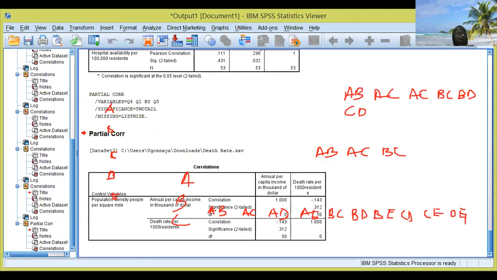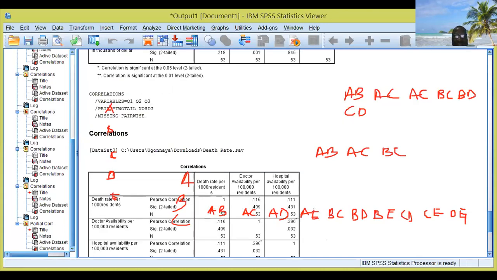So if you go and check the correlation between annual per capita income and death rate now, this one is giving you minus 0.143. Scroll up, go and check the initial value before you control for this. I think it's minus 0.2 something.